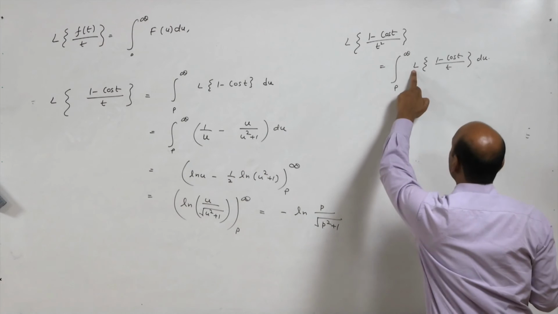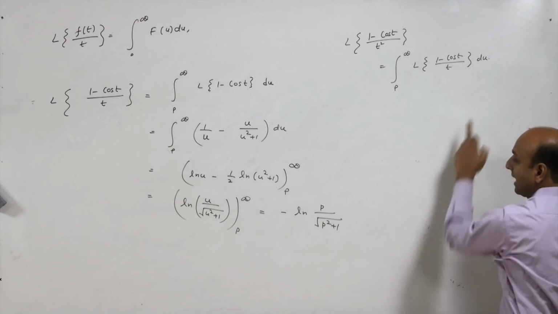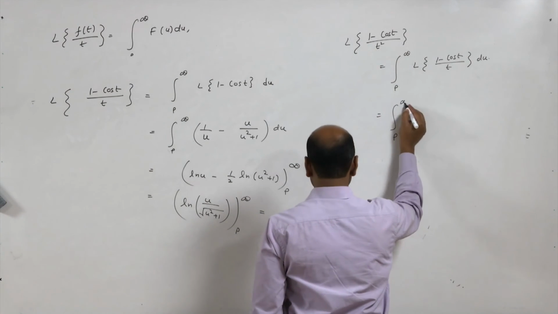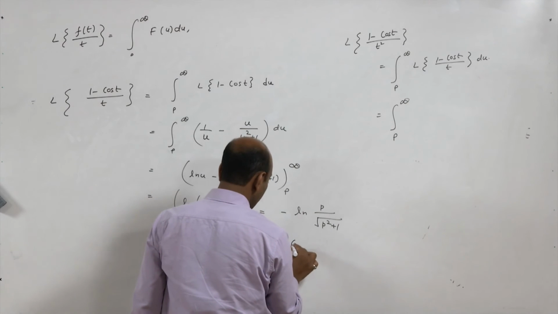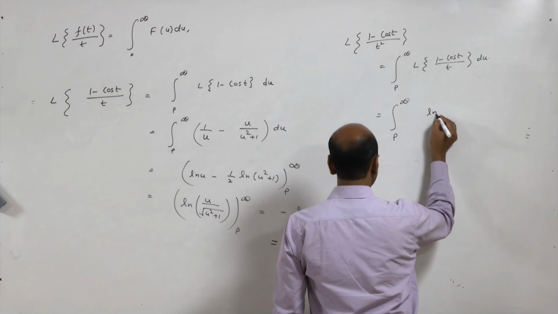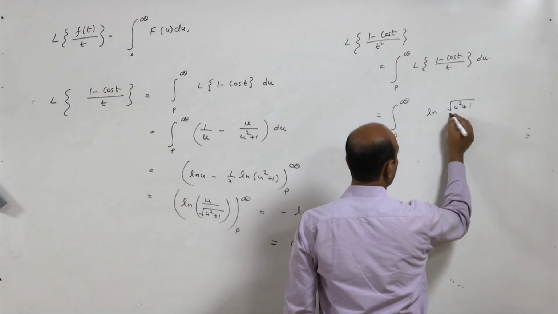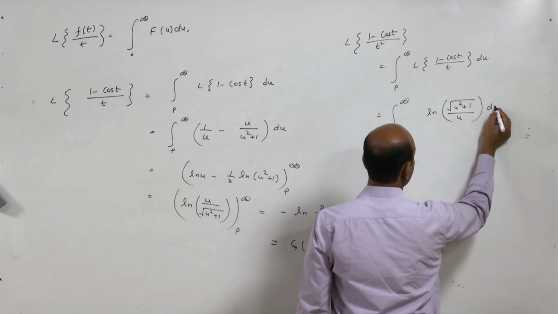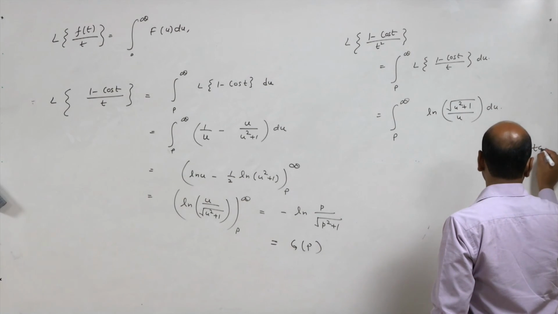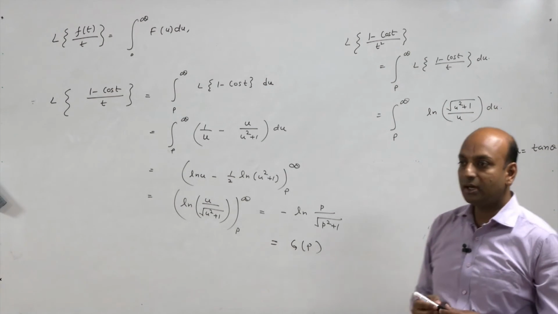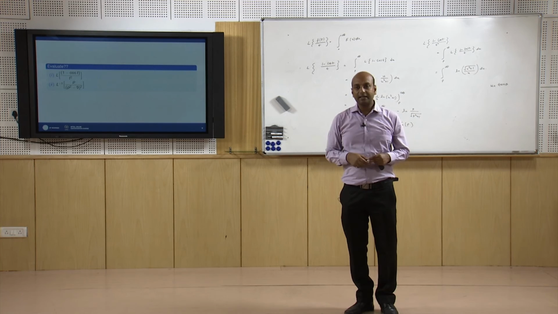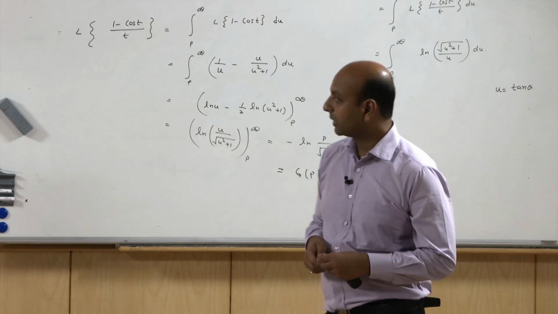So, it is the Laplace transform of 1 minus cos t by t into du, and that we have already calculated. So, it is nothing but the integral from p to infinity; here suppose this is g p, so it is g u. So, it is ln of under root u square plus 1 upon u into du. This can easily be integrated if you take u as tan theta. You substitute u equal to tan theta and proceed with your integration. So, the value of the integral can be found. Okay.